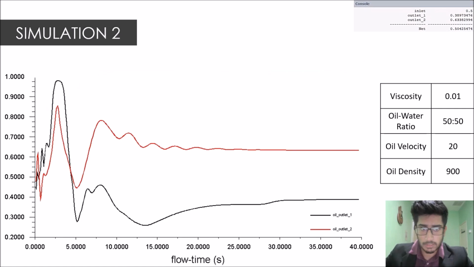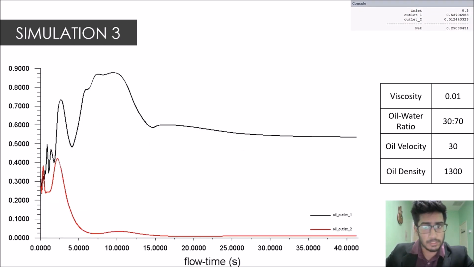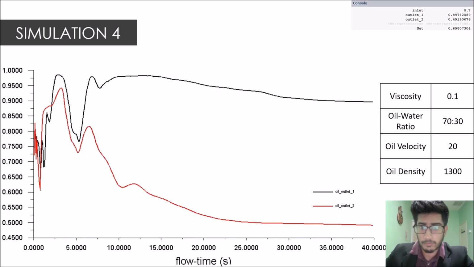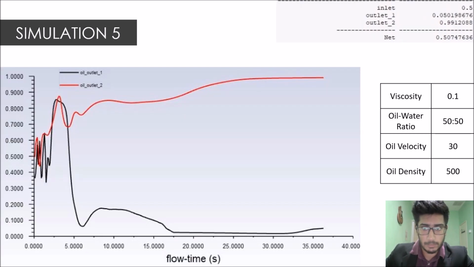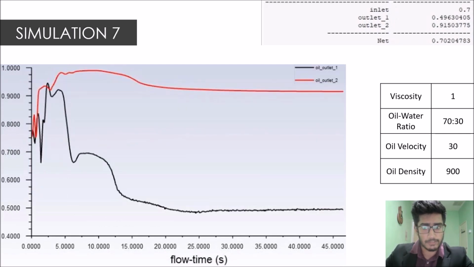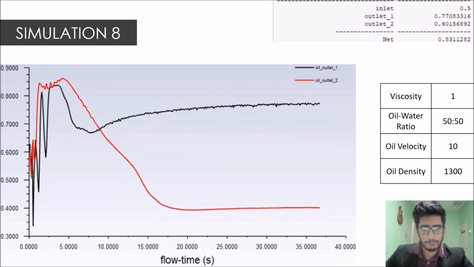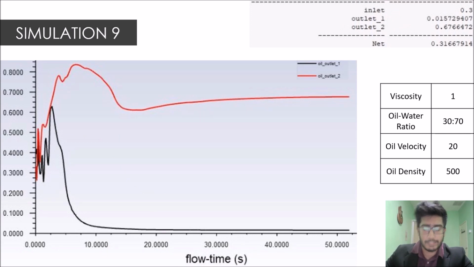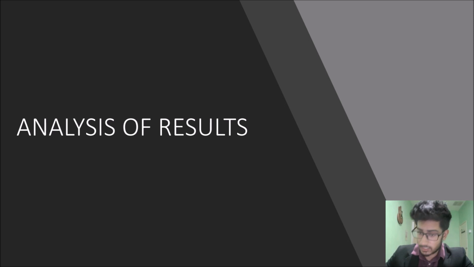So this is the result for simulation 2. Same thing for simulation 3, simulation 4, simulation 5, simulation 6, simulation 7, simulation 8, and simulation 9. So based on these 9 simulations, we can now do the analysis of results.